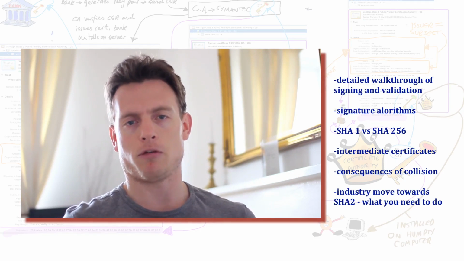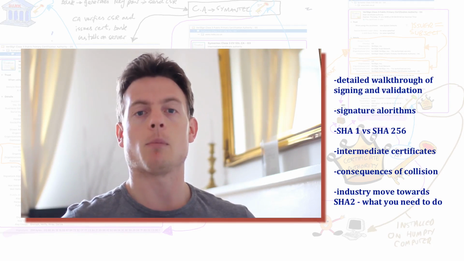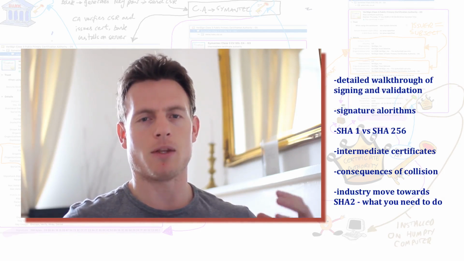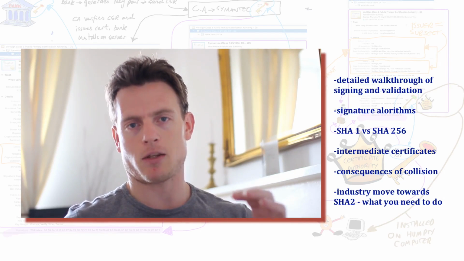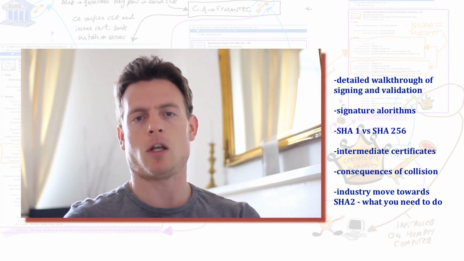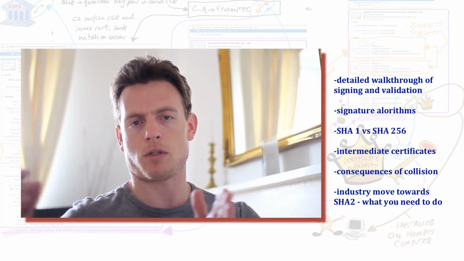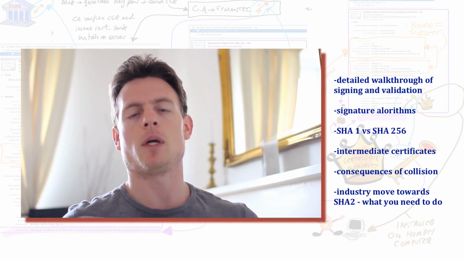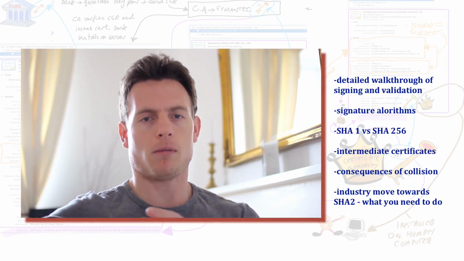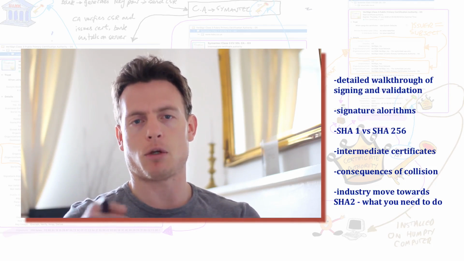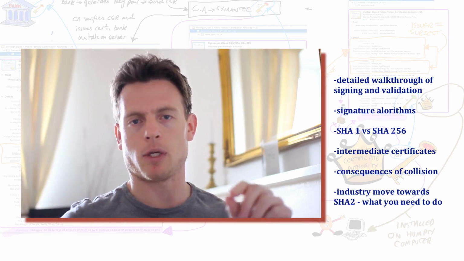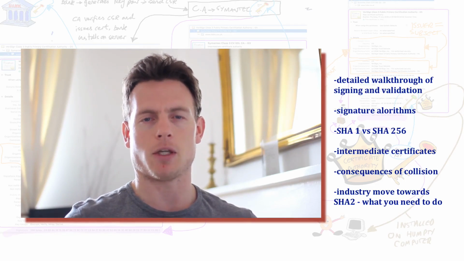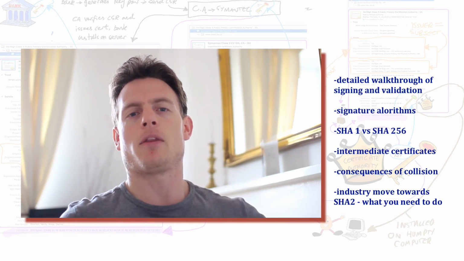SHA-2 is a family of algorithms which are more secure than SHA-1, and in particular what that means is that the message digest that gets created is a longer string of characters, which means it's much more difficult to find another input that will create that same string.